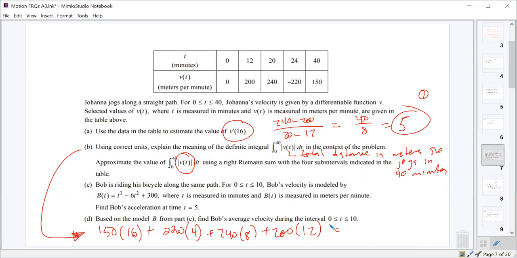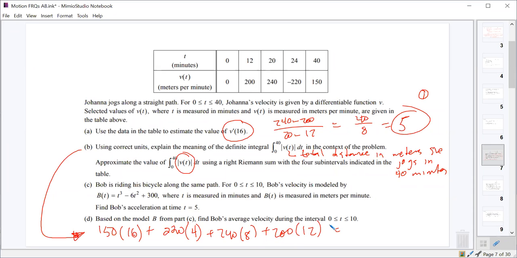You all did this problem. Anybody agree with 6,720? That should be right.